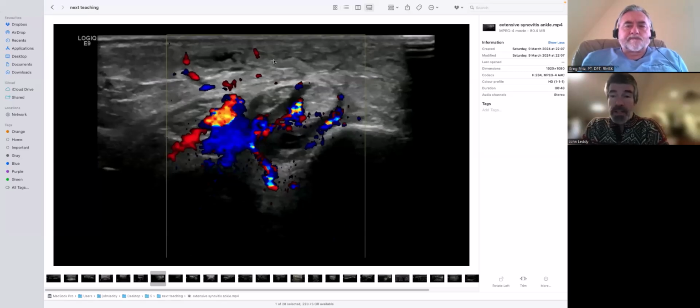If I'm doing a plantar fascia, my arm is right by my side, and I grip the probe as I would a screwdriver, and I don't press with my arm at all. I just have my arm by my side and just my body leans in.